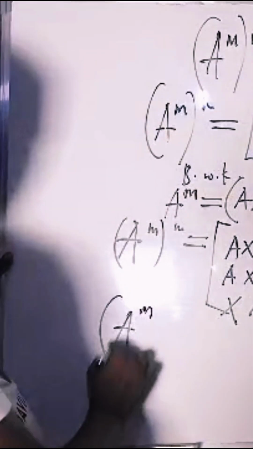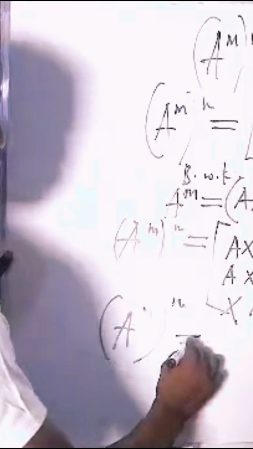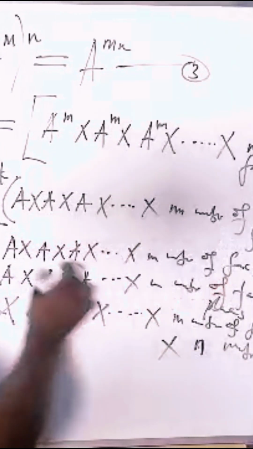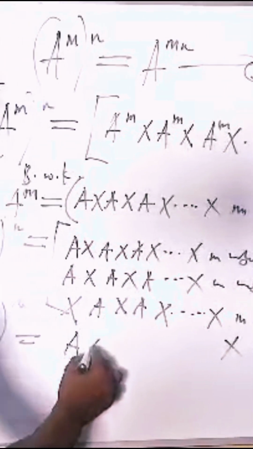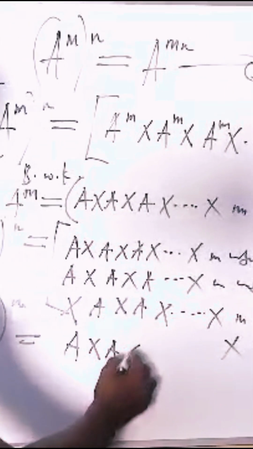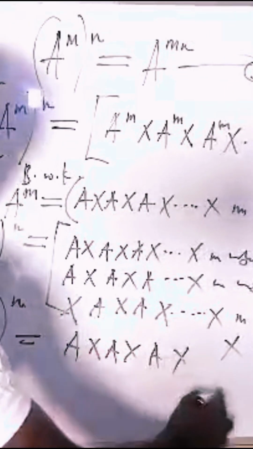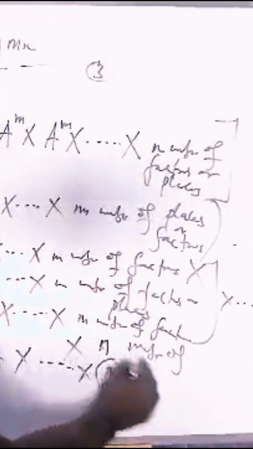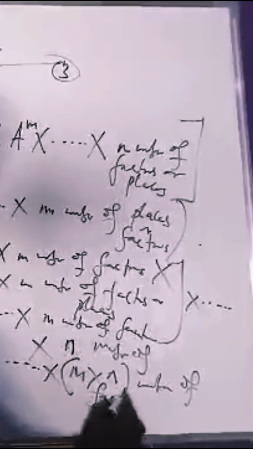Furthermore, we have a raised to the power m, enclosed in brackets, raised to n, becomes what now. Now we take one of these, which is a times a times a and so on, times m, into bracket, times n number of factors or places.